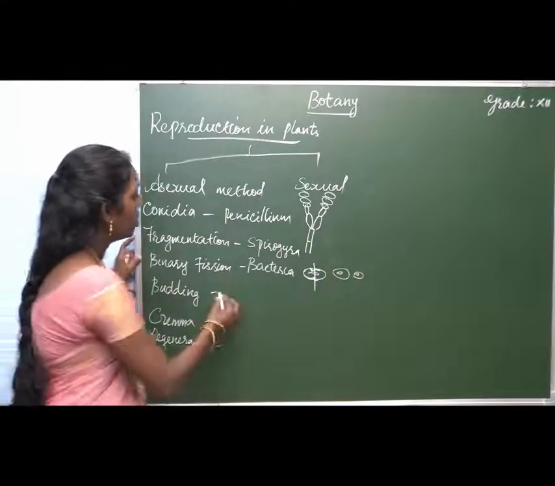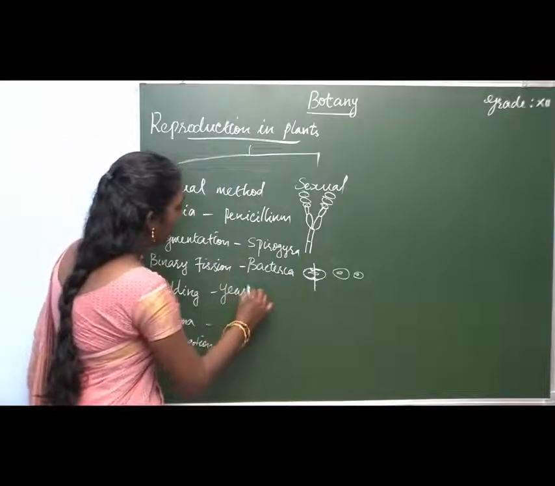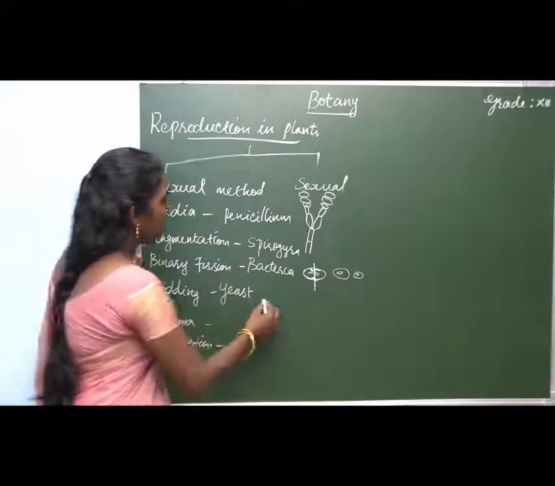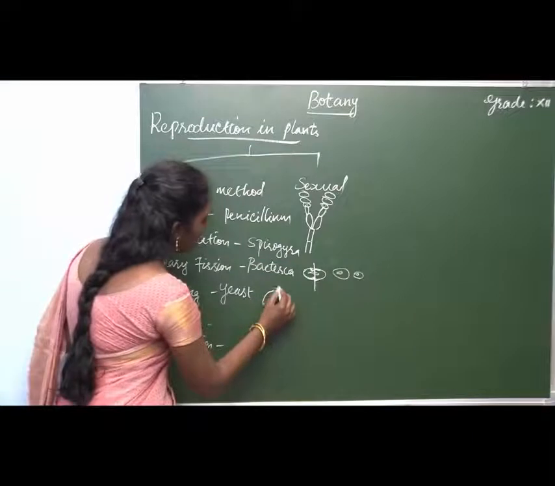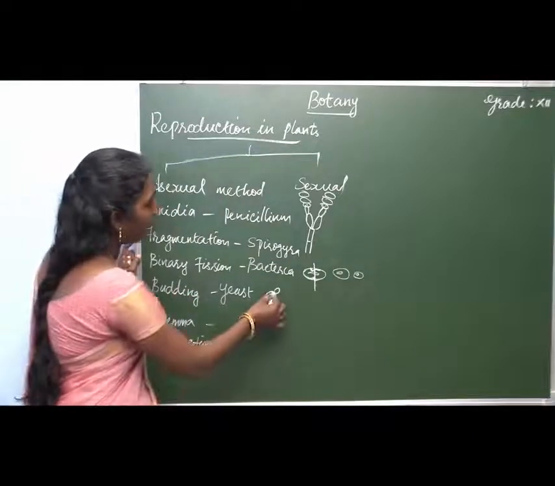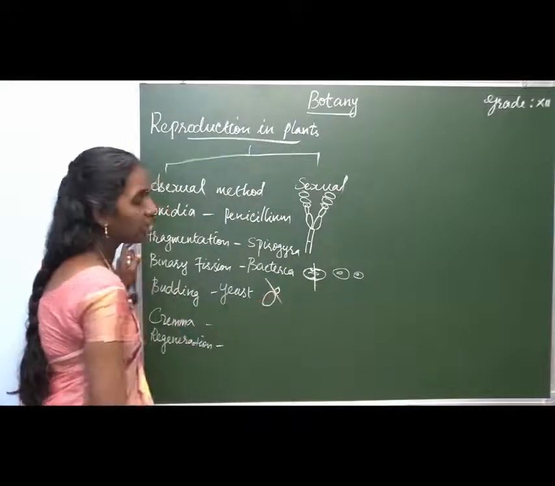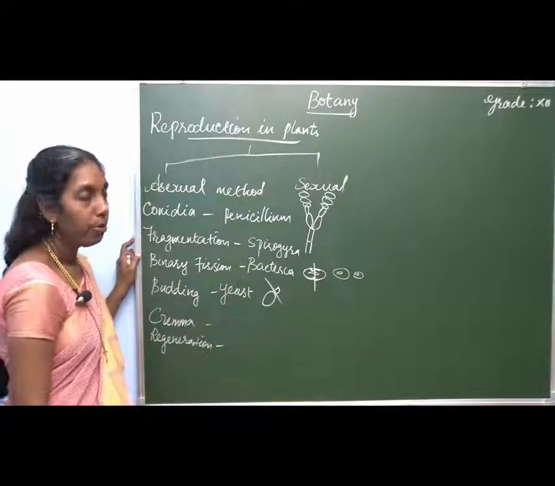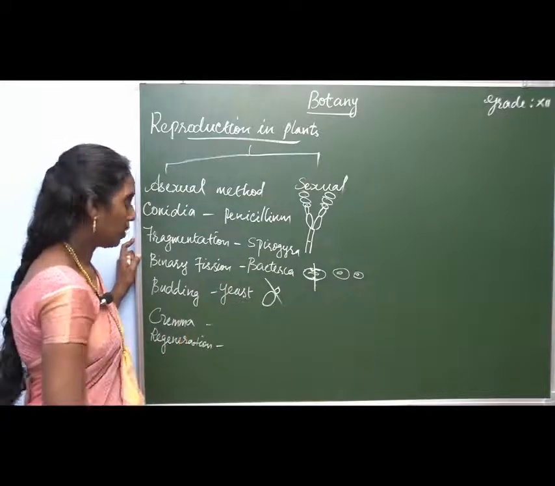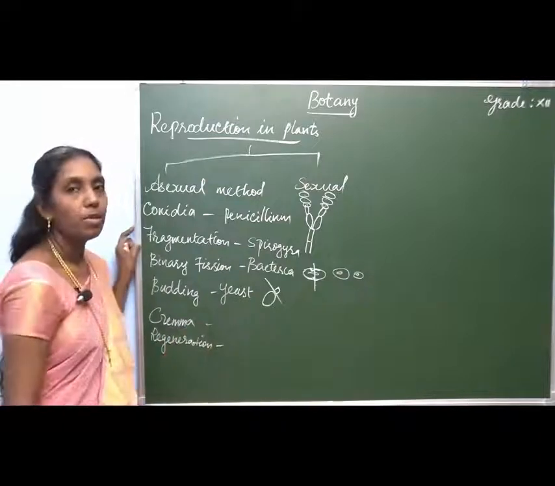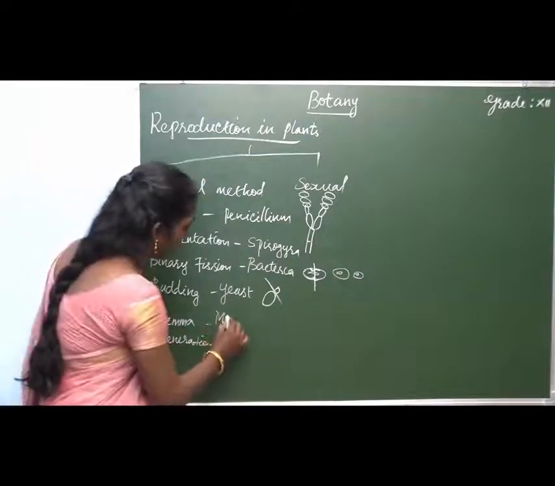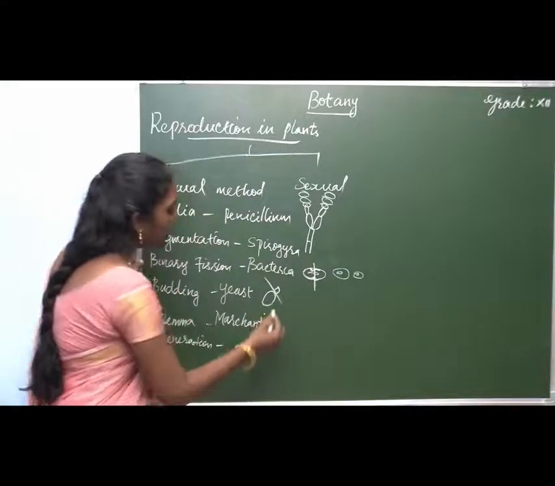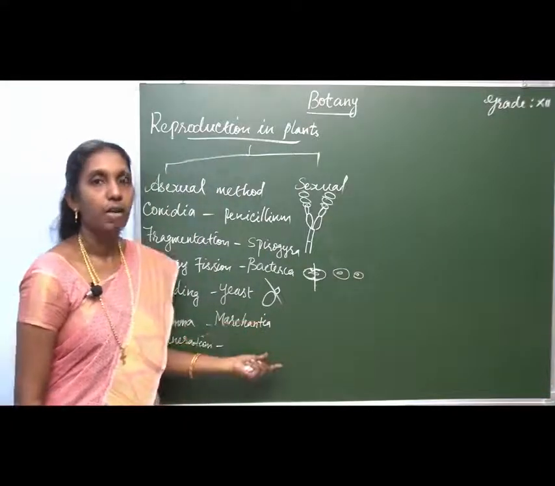Then budding in yeast. In yeast and hydra, budding is the method of asexual reproduction. Buds are developed. This bud detaches from the parent and develops into a new plant body or new species. Then gemma. Gemma is observed in Marchantia. Marchantia is one of the bryophytes.